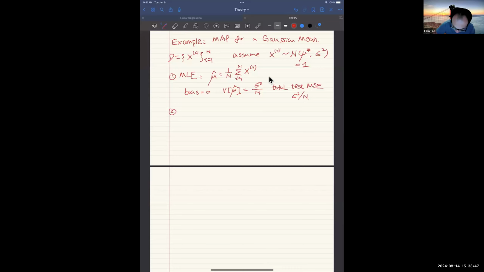The second thing we can do is MAP. Then what we do is we have some Gaussian prior. The Gaussian prior says mu has the form of a normal distribution with mean mu 0 and variance sigma squared divided by kappa 0.